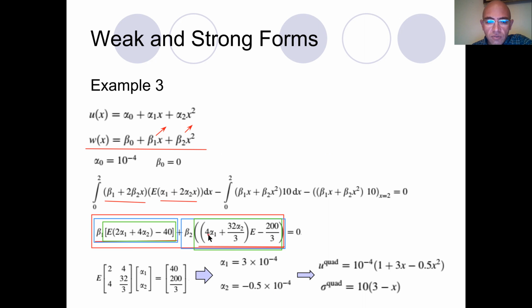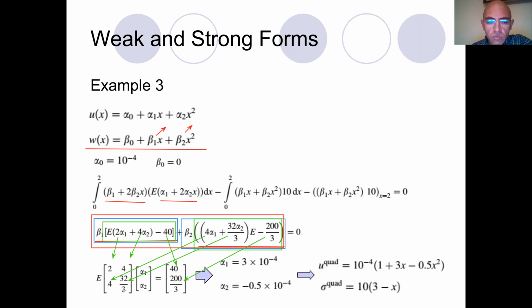So remember that 2 comes from here, 4 comes from here, 4 comes from here, and 32 divided by 3 comes from here, and certainly 40 comes from here, and 300 divided by 3 comes from here.